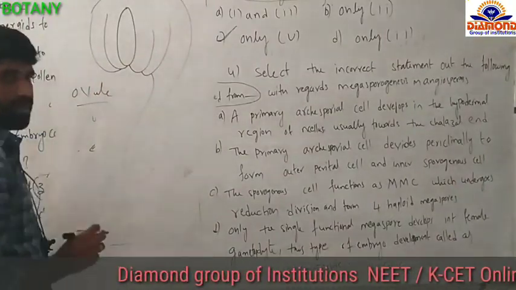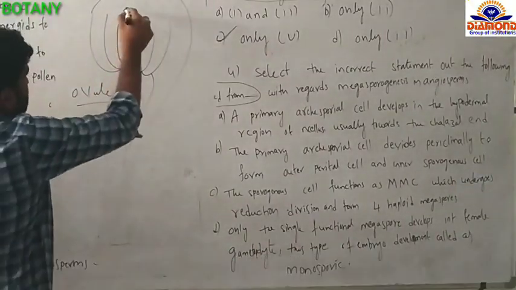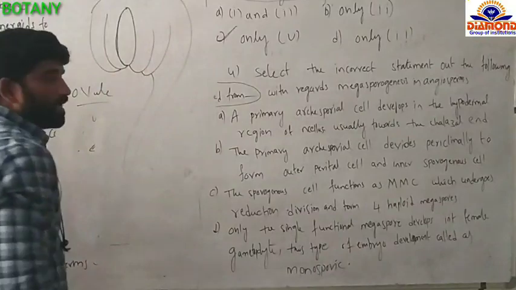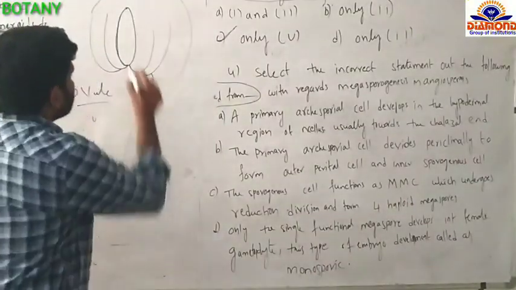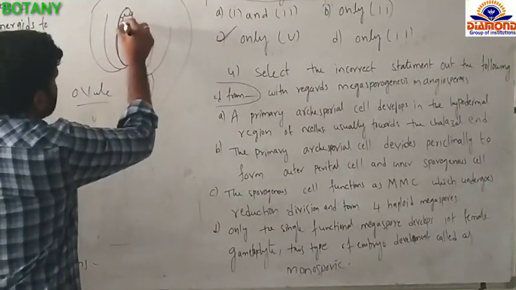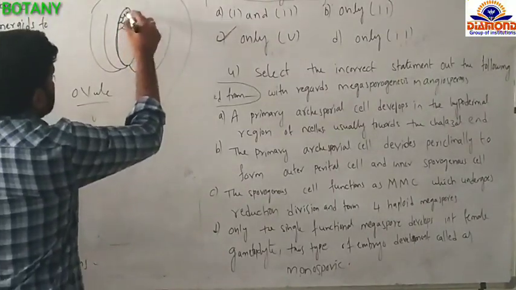Before the formation of the female gametophyte, the megasporangium is entirely filled with a specialized tissue called the nucellus.